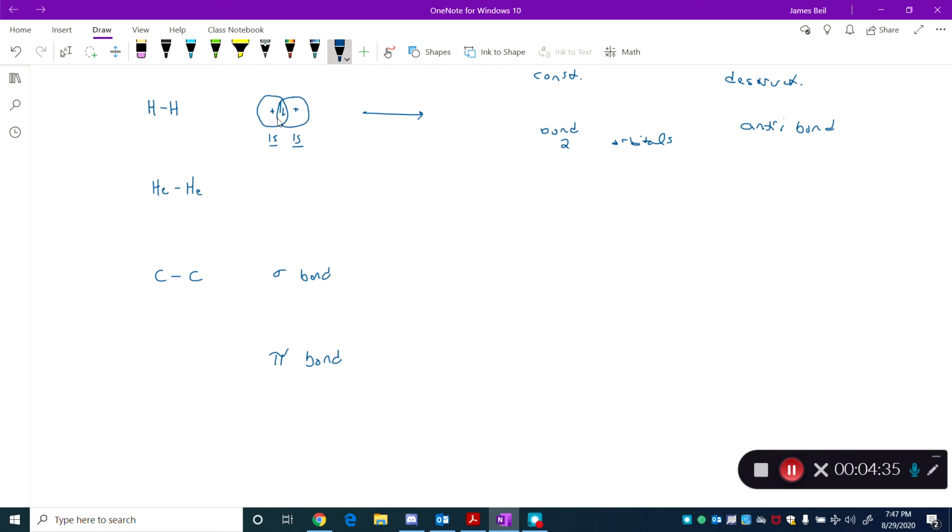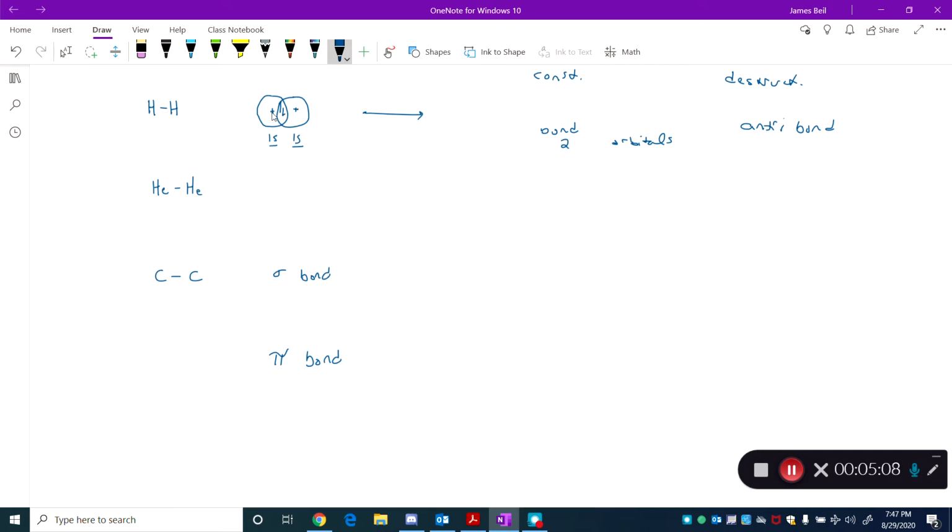And since waves are described with a mathematical equation that either has a positive sign or a negative sign, if the two waves add with the same sign, they'll add together, and the probability of electrons being in that area of overlap will increase, because the probability of electrons being in a certain area depends on the wave function and the magnitude of the value for that wave function. So the larger it is, the more probability of their electrons being there.